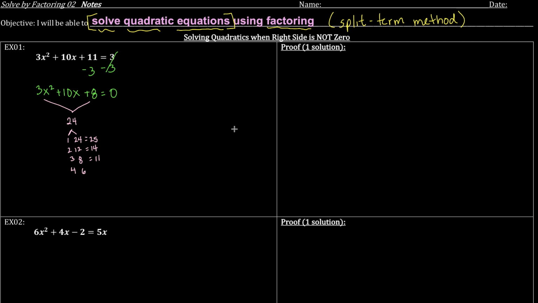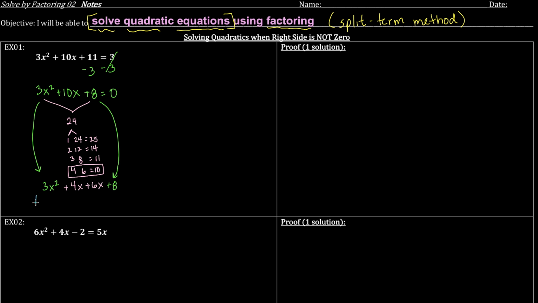So I'm going to write this as 3x squared plus 4x plus 6x. Oh, I forgot to show you, 4 plus 6 equals 10, right? Okay, and then we bring down that plus 8. Now I need to figure out what I can factor out of a 3 and a 4. There's nothing, so I'm just going to keep it at 1.